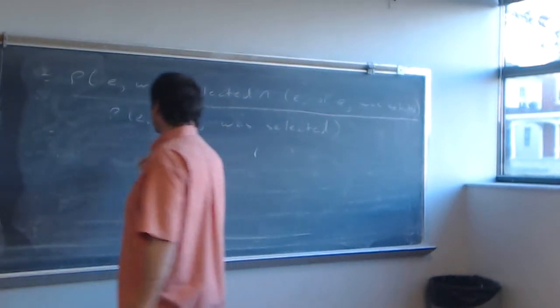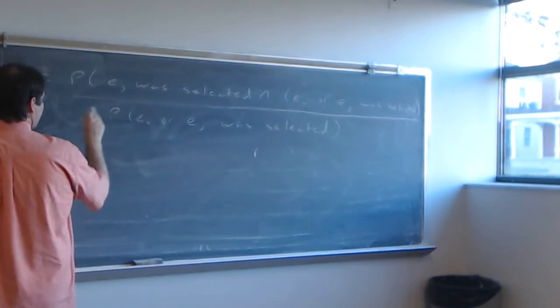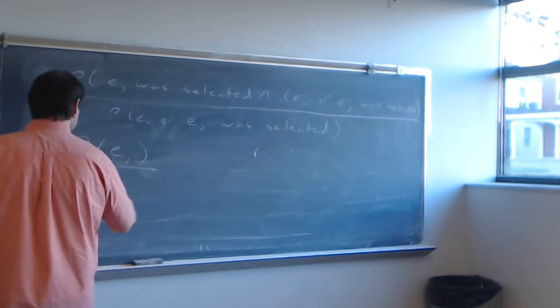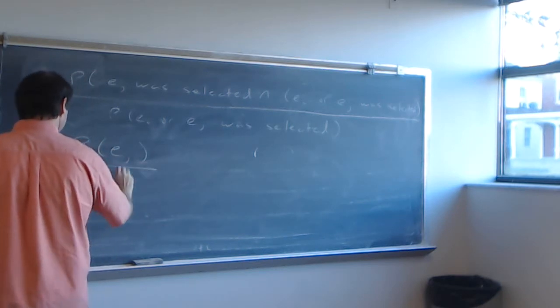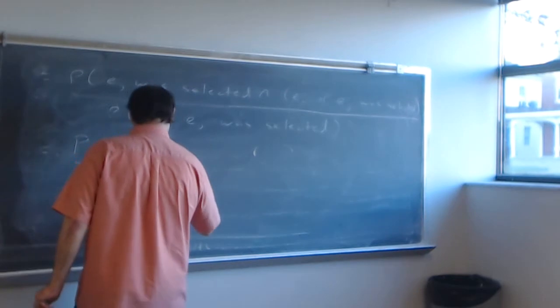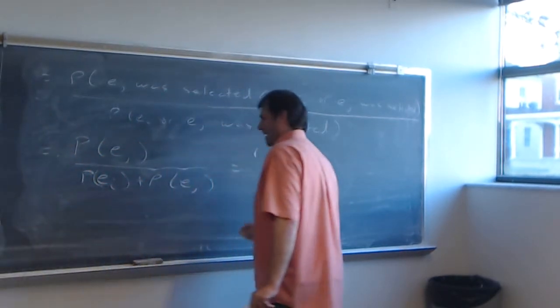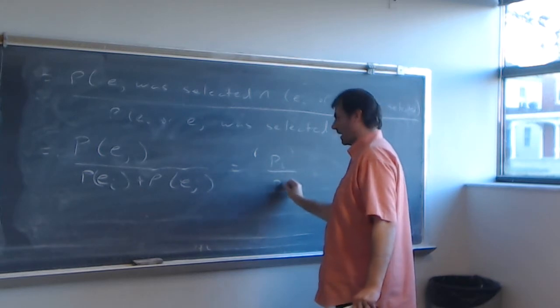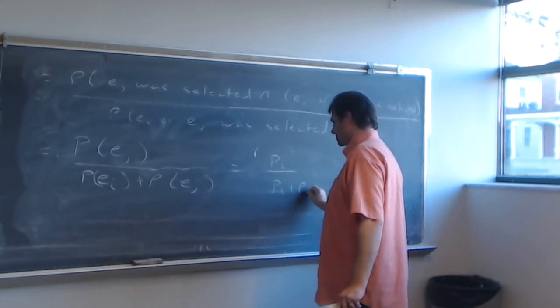Okay. These in the bottom are mutually exclusive events. And in the top, this is the same thing as the probability that E sub j was selected. So this is probability of E sub i plus the probability of E sub j. But I have symbols for those. That's P sub i over P sub i plus P sub j.